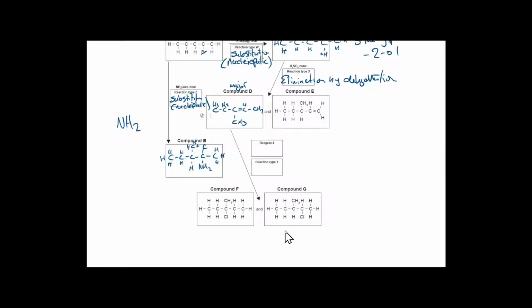Now, there's chlorine in here. So we are going to add something with chlorine. And it's going to be hydrochloric acid, isn't it? This chlorine has to come from somewhere. So it's going to be concentrated hydrochloric acid.